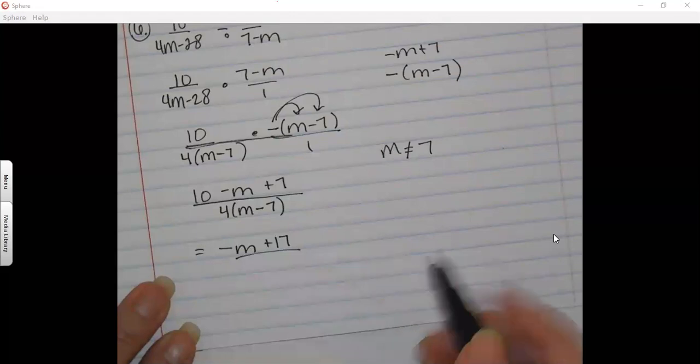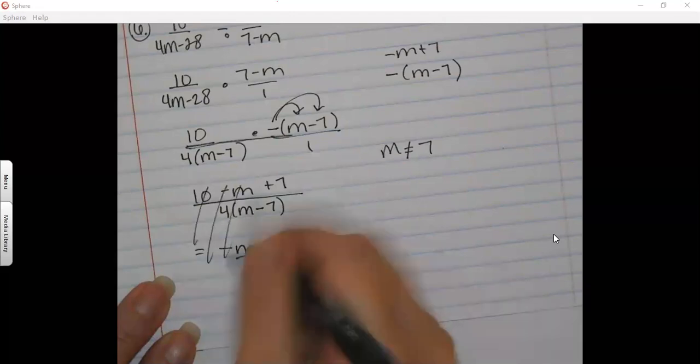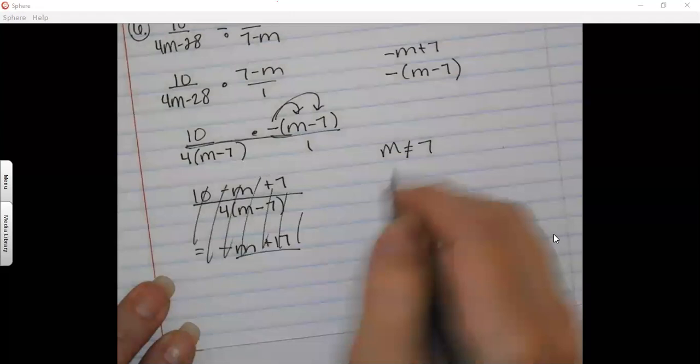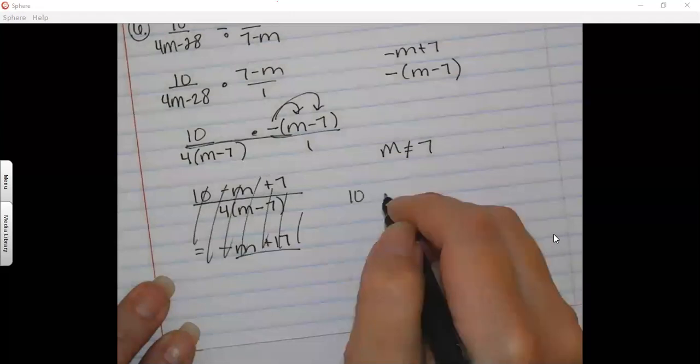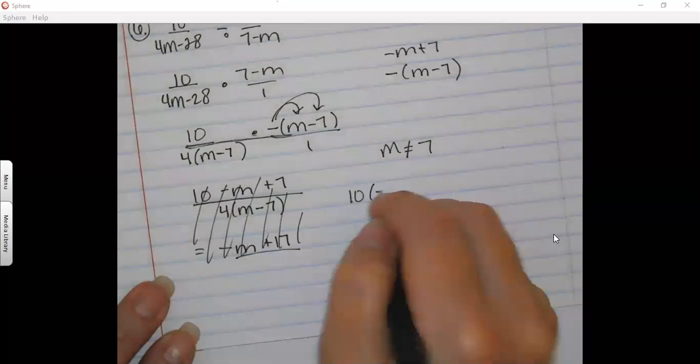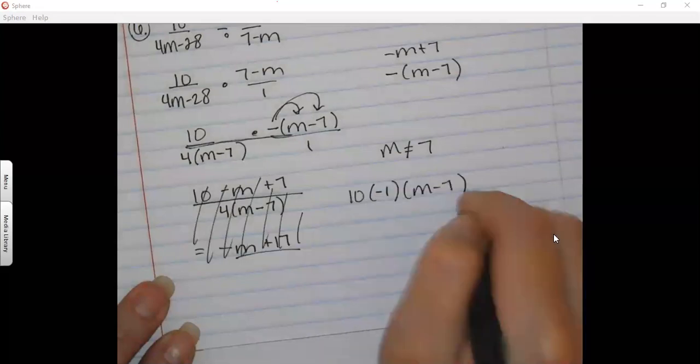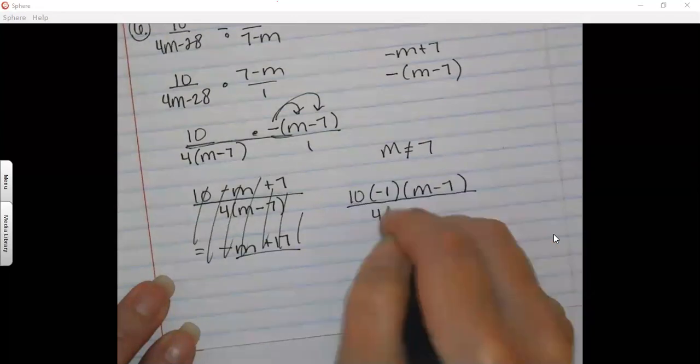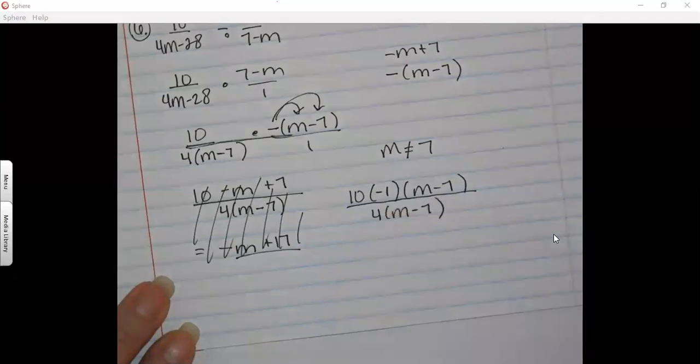In my numerator, 10 is a factor, and negative 1's a factor, and m minus 7's a factor. So instead of me multiplying it all together, since they're all factors, I could cancel. If I wasn't dealing with all factors, if I was distributing that negative, then I could not cancel the m minus 7.